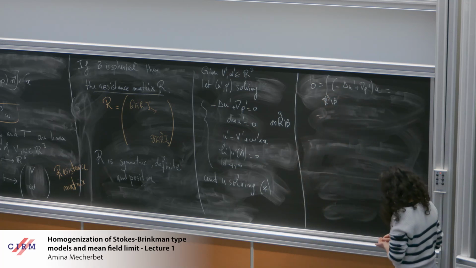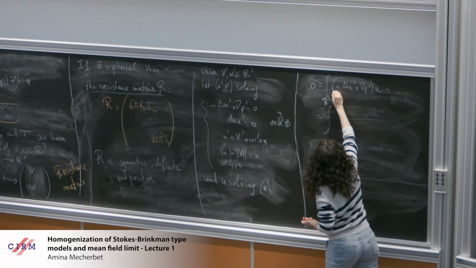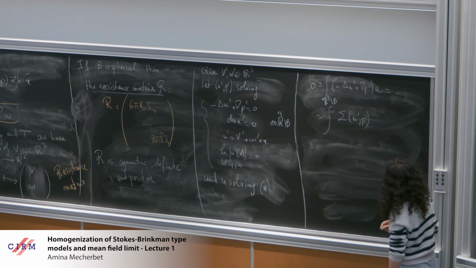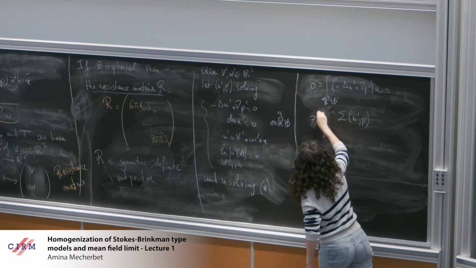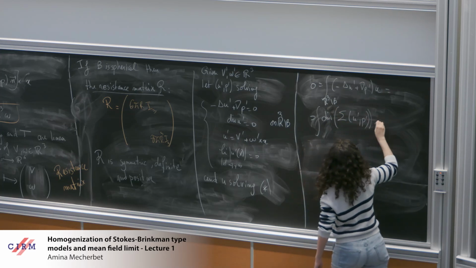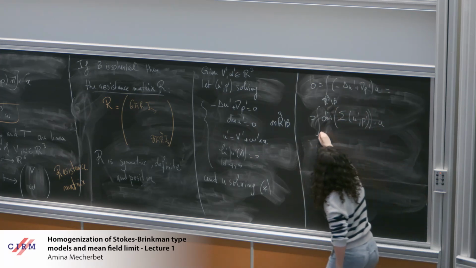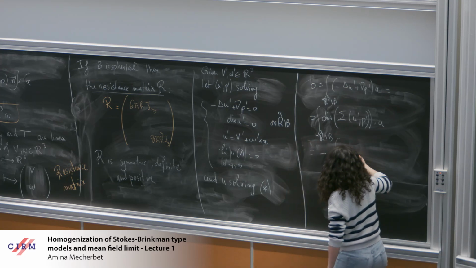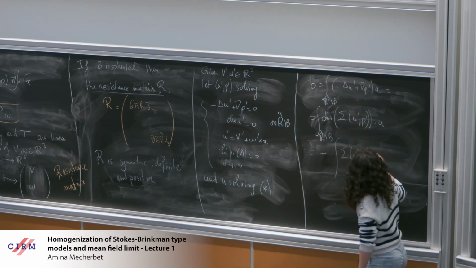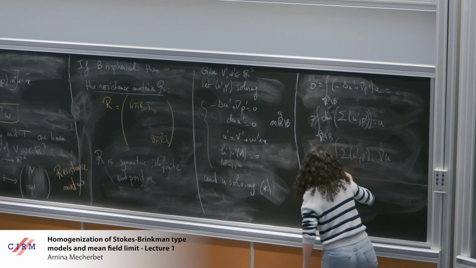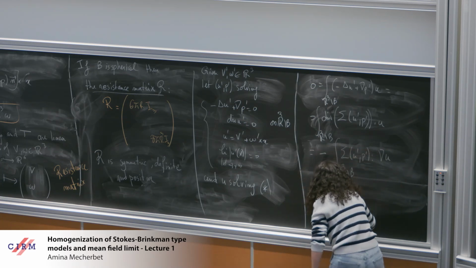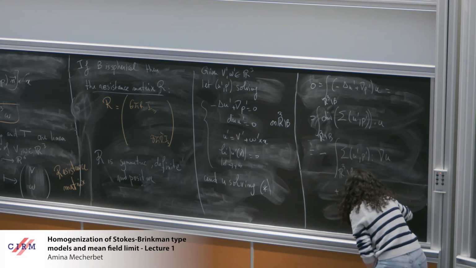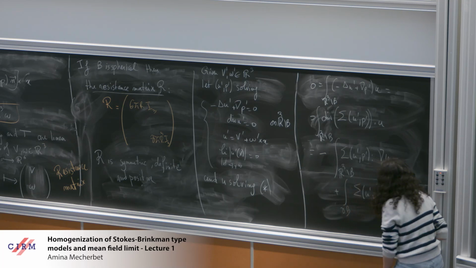Since the velocities are all divergence free, actually you can prove that this is just the divergence of the stress against u, which allows you to perform an integration by parts so that you get minus sigma against gradient u plus a term on the boundary, which is sigma(u prime, p prime) n against u.